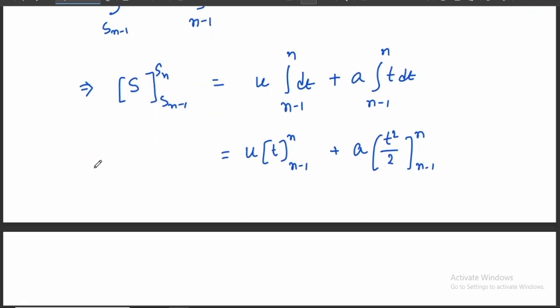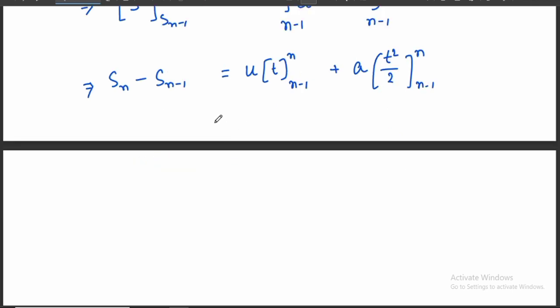And in the left hand side, let's put the limits, so it will be Sn minus Sn minus 1. Now let's put the limits on the right, so it will be u times (n minus (n minus 1)) plus, let's take 2 outside, so a by 2 times (n square minus (n minus 1) whole square).